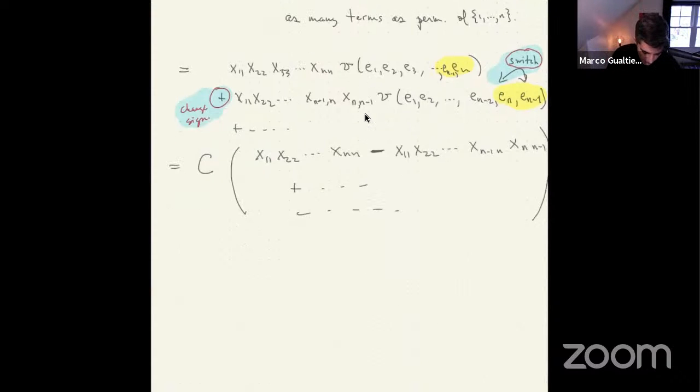And the idea is that, let's see, for 3, there would be permutations, 6 of them. So let me copy this. Okay, so the first term would be to choose the first term, the second term, and the third term.